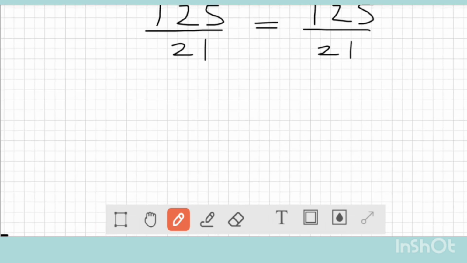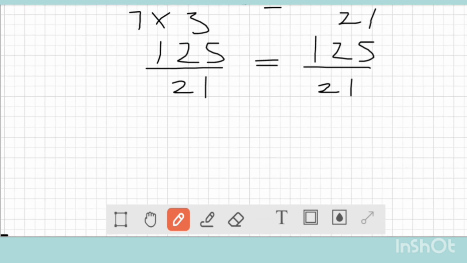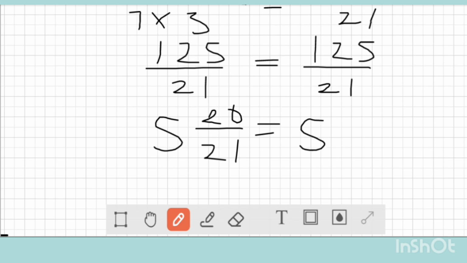So if I divide 125 by 21, it's going to be 5 and 20 over 21. And from the right hand side also, I'll be having 5 and 20 over 21. This is to actually tell you that subtraction is actually distributive over the fractions.